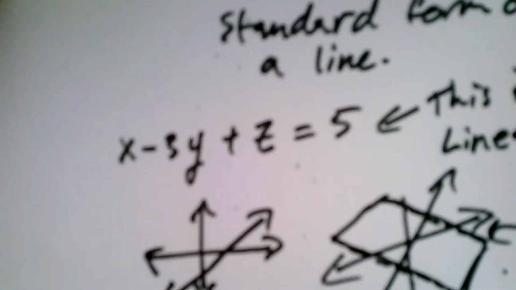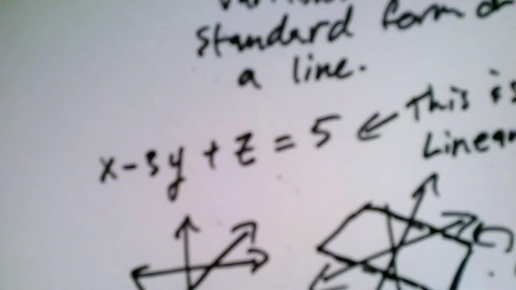On Tuesday, where we left off, we were talking about systems of equations. And let's see if I can pull up. So we were talking about linear equations, and we were talking about the general form, a generalizing of linear equations to more than two dimensions.